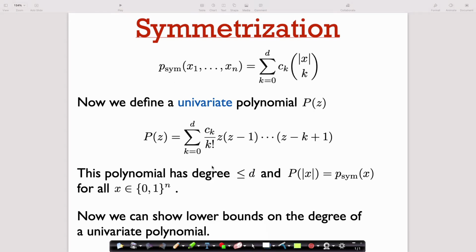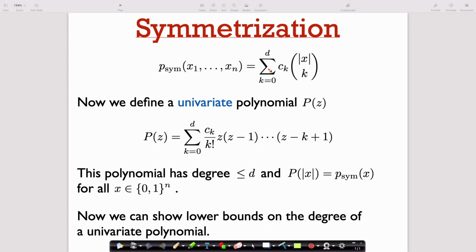So we can see how to define this univariate polynomial, right? P of z is just going to be the sum from k equals 0 to d of c_k times z choose k. And I've just written out z choose k here to make it obvious that this is a polynomial in z.